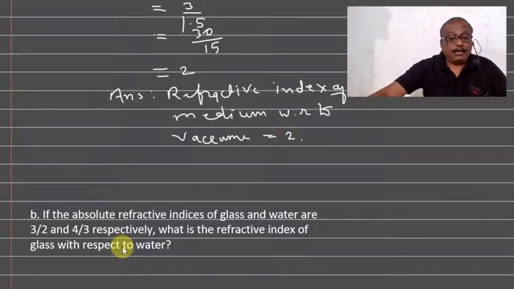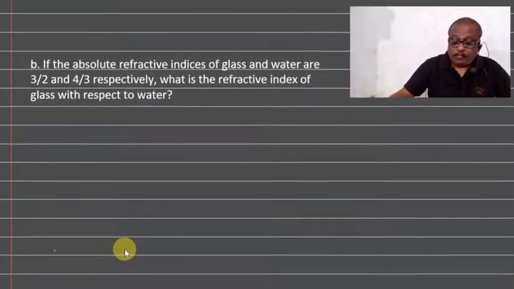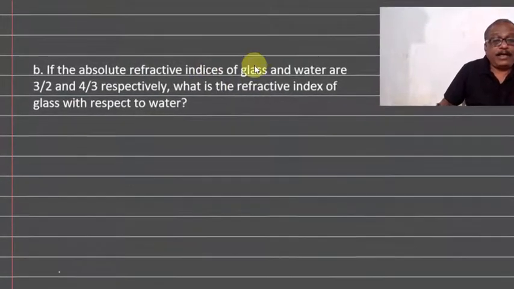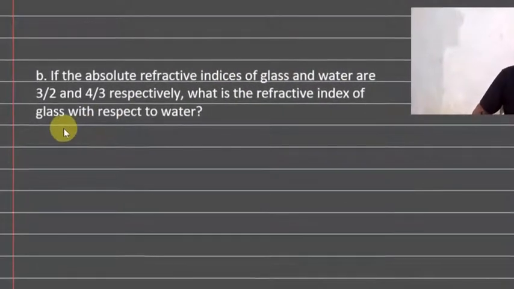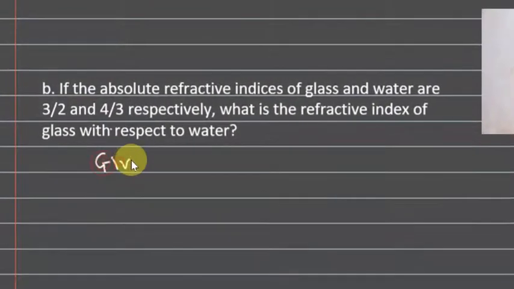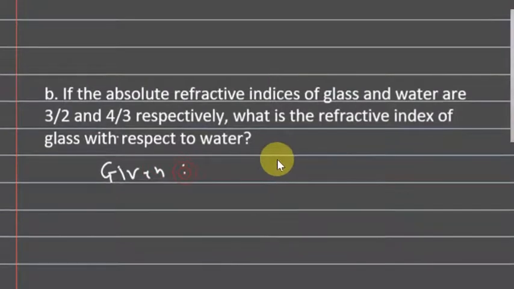Now the last question, B. If the absolute refractive index of glass and water, 2 things are given. So first of all, write down the data. That absolute refractive index, but there are 2 things, glass and water.